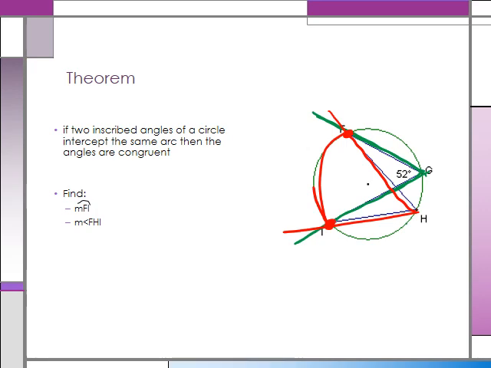Okay, so the measure of arc FI is going to be twice 52, so it's going to be 104. And then FHI is that red angle, and it's going to be the same as the other angle, angle FGI, and it's going to be then 52 degrees.